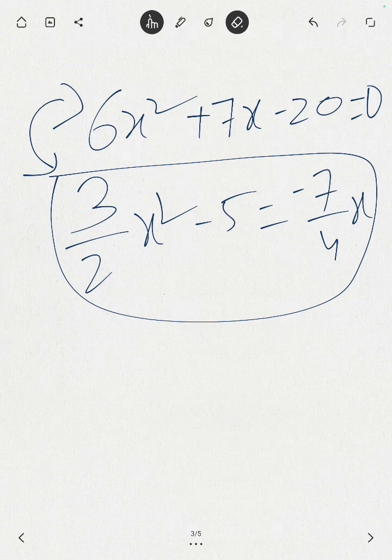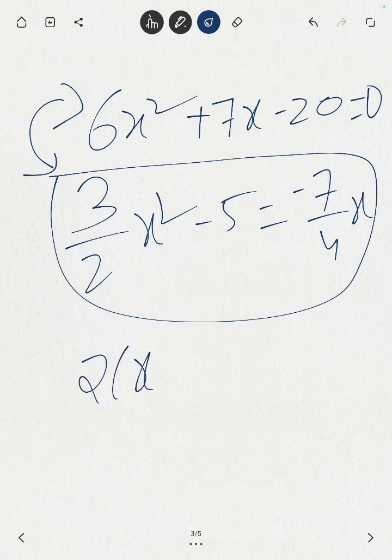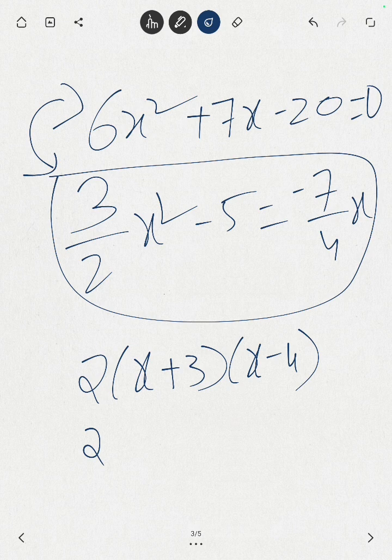And the third type of quadratic equation which I would like to simplify, or convert to standard form, is 2x plus 3 into x minus 4. What we have to do first is try to distribute 2 to the second expression. 2 into x, 2x.